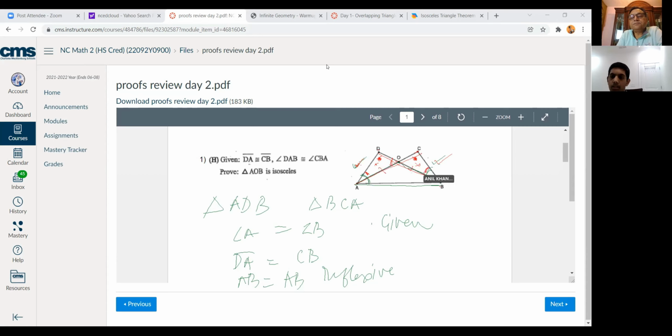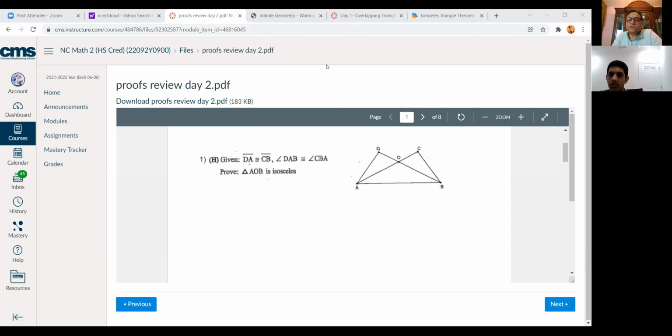So we have angle, side, angle, and therefore those are congruent triangles. Since they are congruent triangles, these sides will be equal. Is it okay? So that is how we are going to prove this particular triangle is isosceles, correct? Let's move on and take the next question.